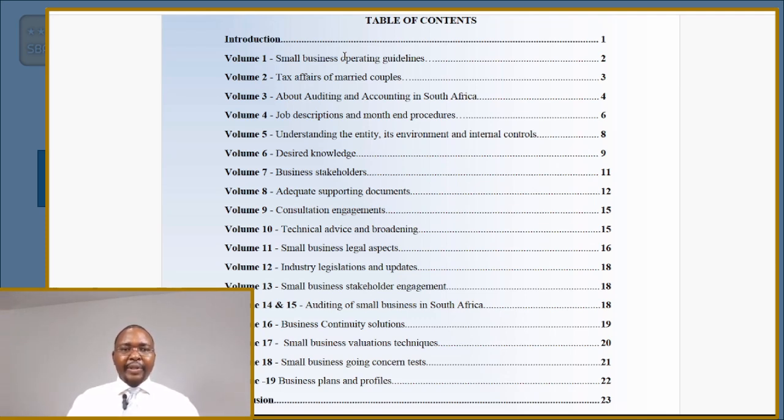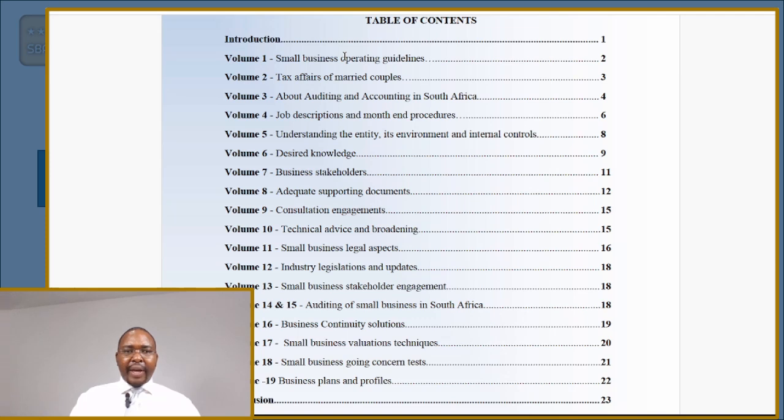Volume 9 and volume 10 are meant for the board courses. Then volume 11 will deal with small business legal aspects. So far we've got 3 laws that we have written and completed. That's what will form part of this syllabus.